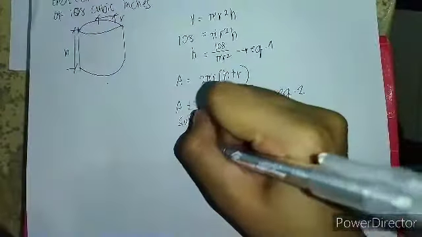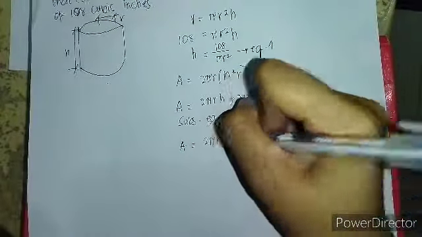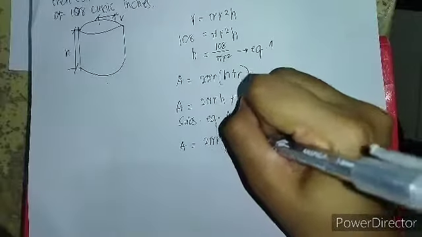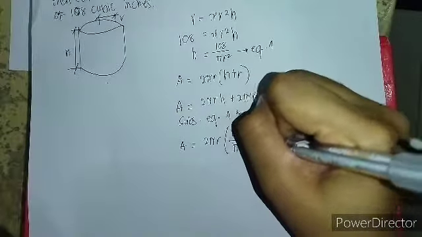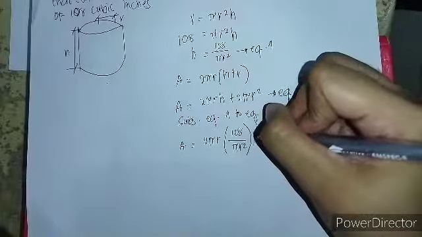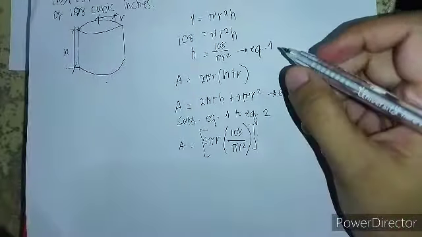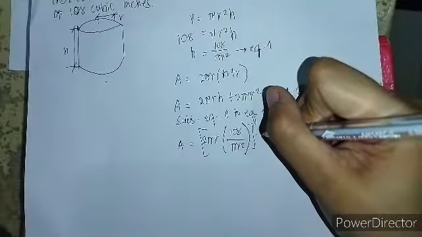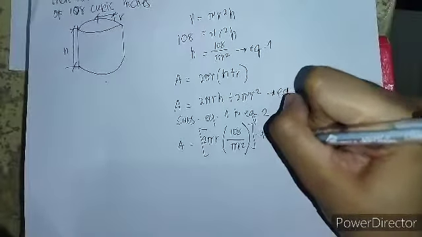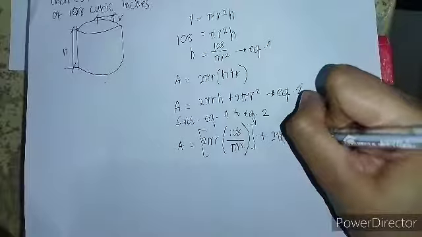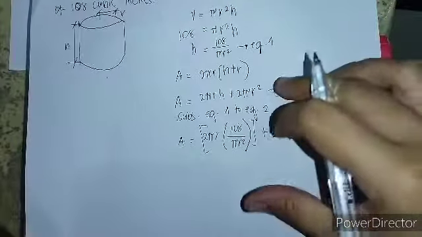So we get A is equal to 2 pi r times the height, 108 over pi r squared, plus 2 pi r squared.